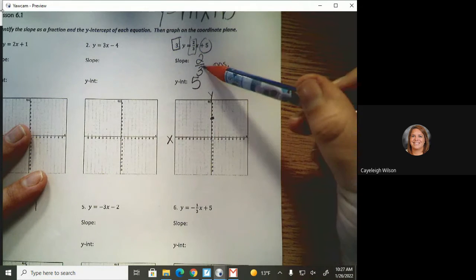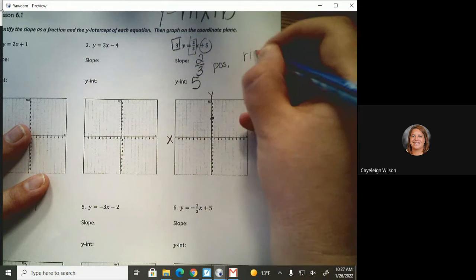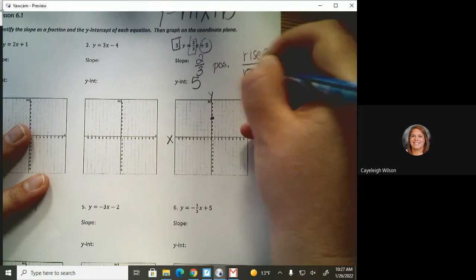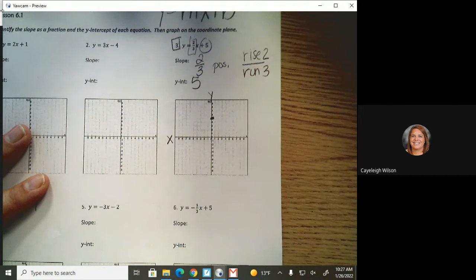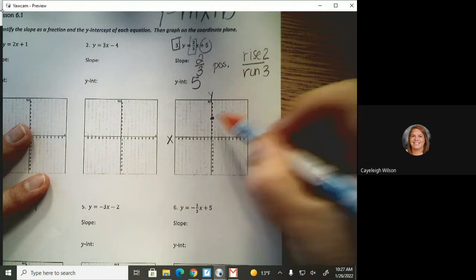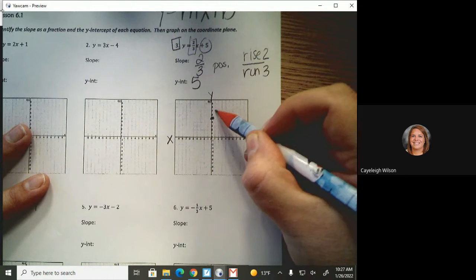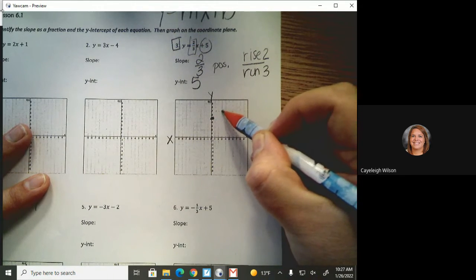And then my slope is 2/3, which means I'm going to rise 2, run 3. So I'm going to go back to where I put my y-intercept, and I'm going to count that. I'm going to rise 2, run 3. So rise 1, 2, run 1, 2, 3.